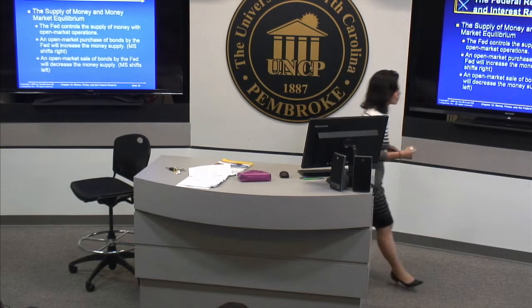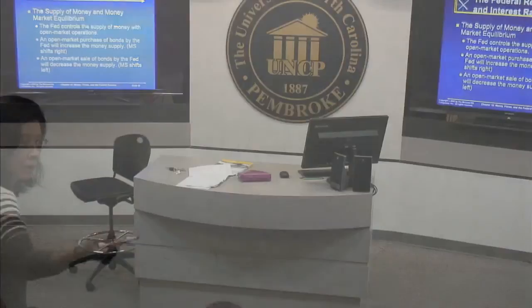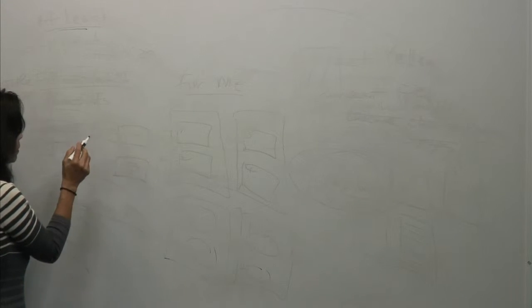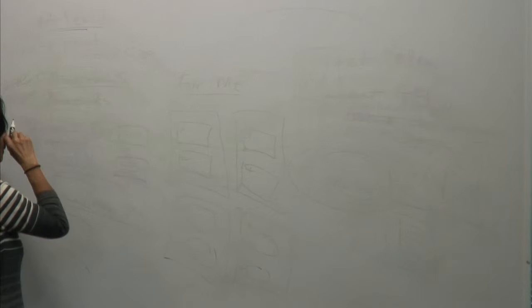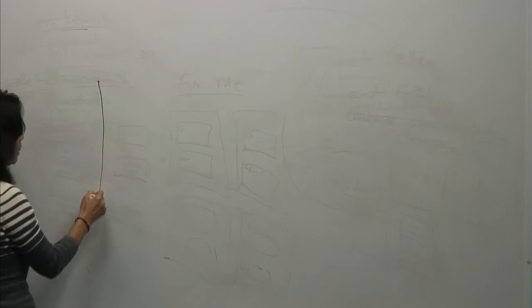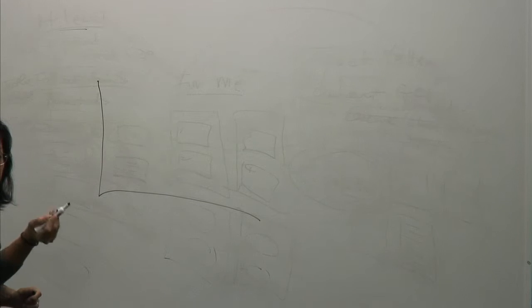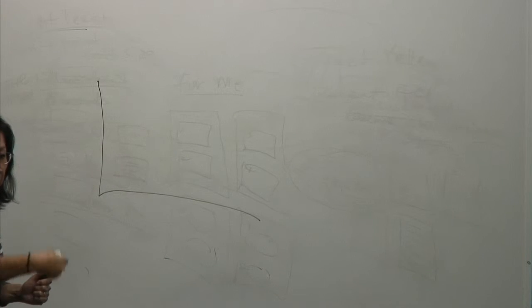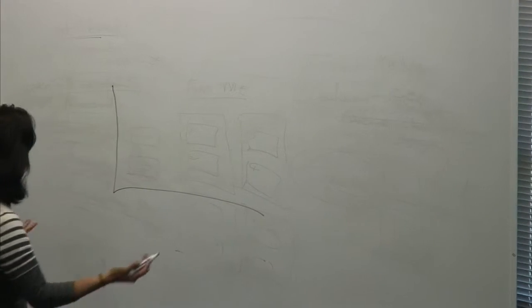So again, if you do the OMO, remember that's the example that Nathan, you and I have been going back and forth on. Basically, if the Fed were to buy the bonds from the public, I'm releasing the 1 million back to the hands of the public, so money supply goes up.